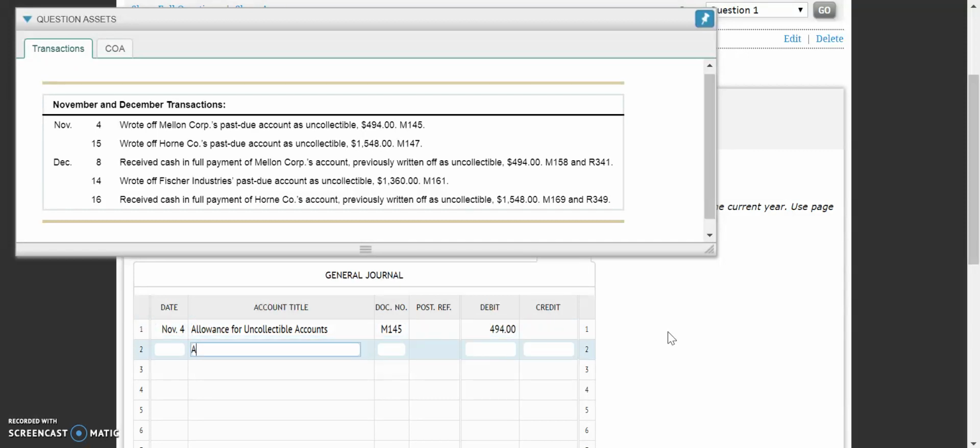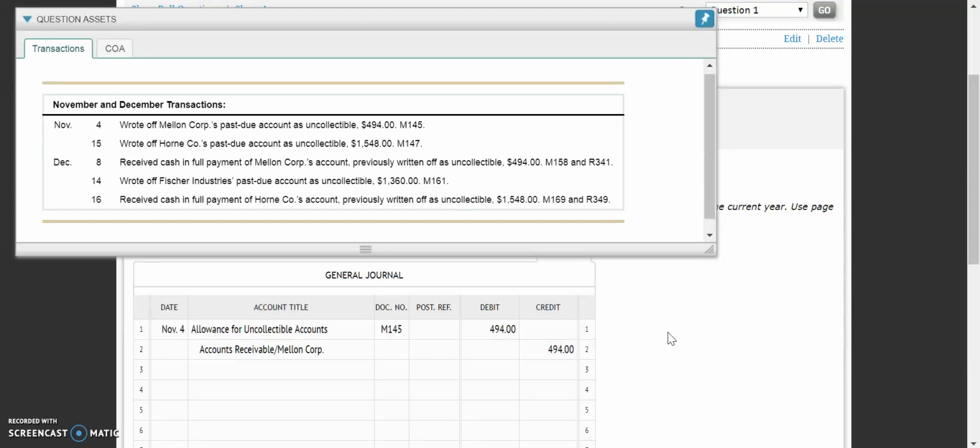And the credit actually goes to our accounts receivable and then Mellon Corp for $494. Okay, so that's the first transaction.